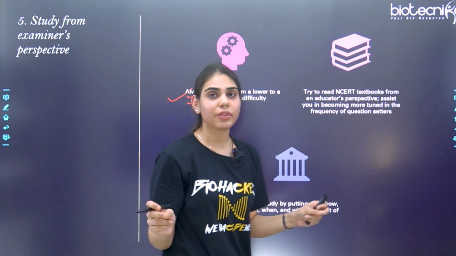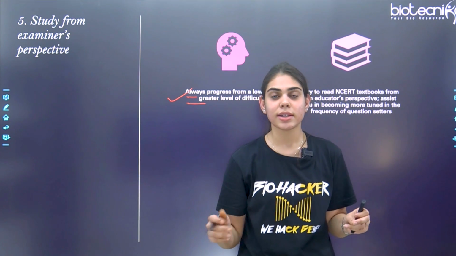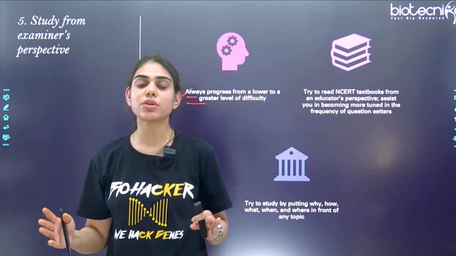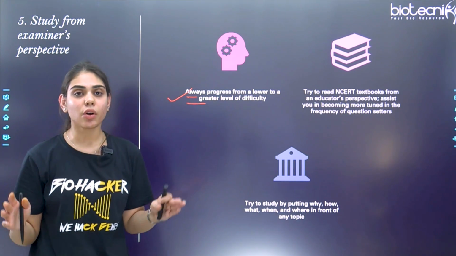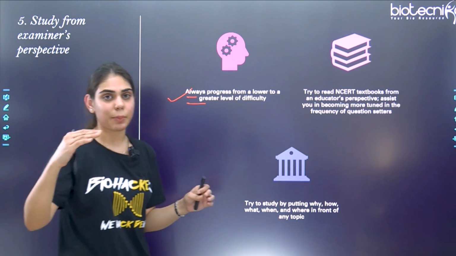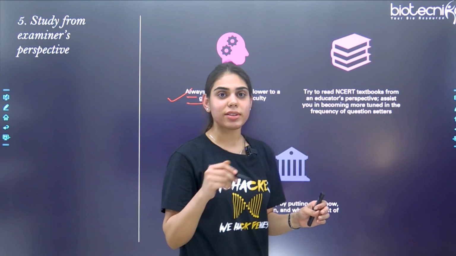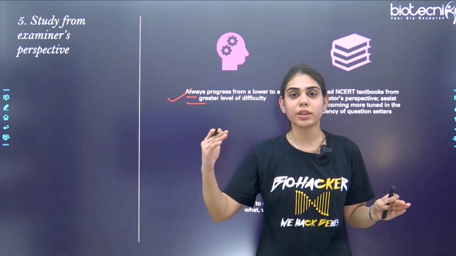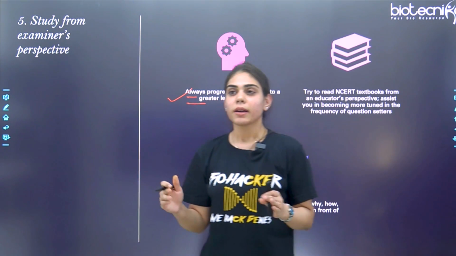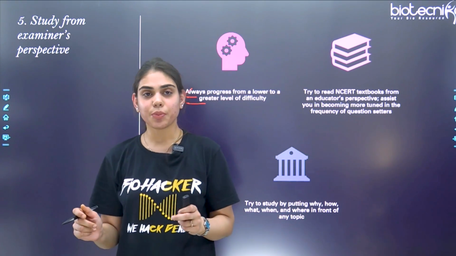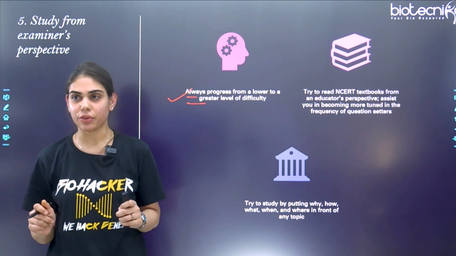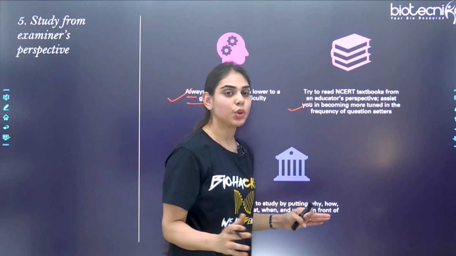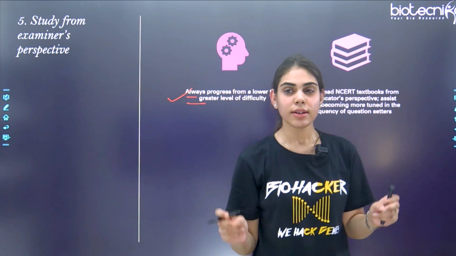First start with the easy topics and then proceed to higher difficulty level topics. If you are doing so, it will always keep your confidence at par. So first read the simple topics, and once you are done with this, proceed to the difficult topics. Try to read the NCERT textbook from an educator's point of view, because it will help you in becoming more tuned in to the frequency of question setters.